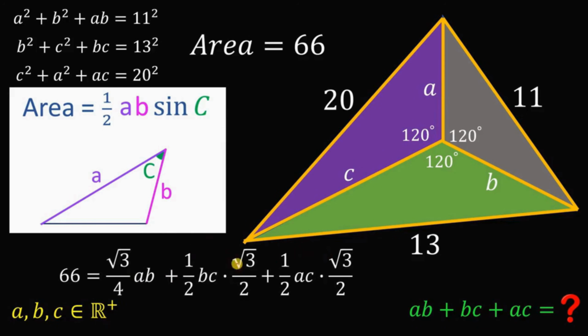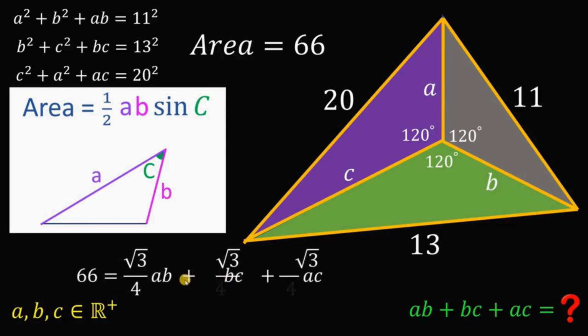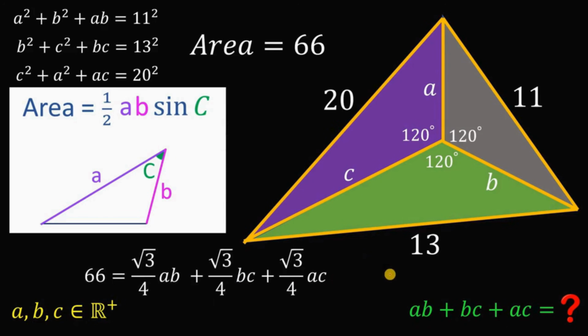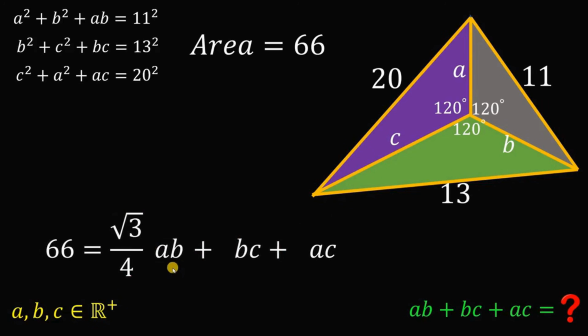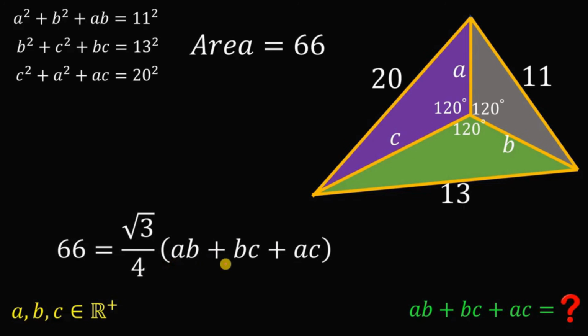Now, let's focus on this equation. If we factor out square root of 3 over 4, we get square root of 3 over 4 multiplied by AB plus BC plus AC, which is what we want to find.